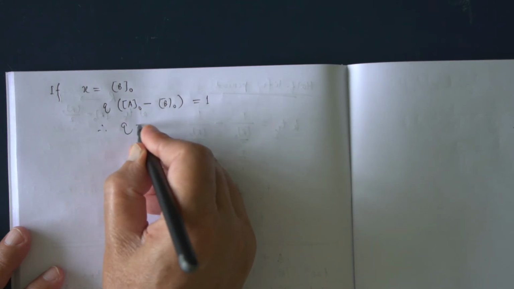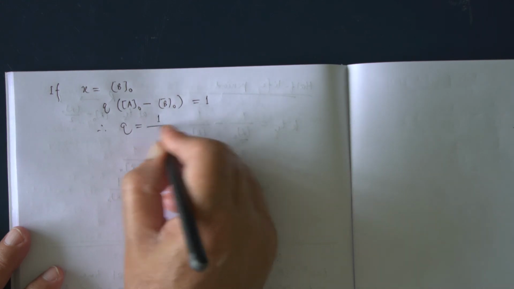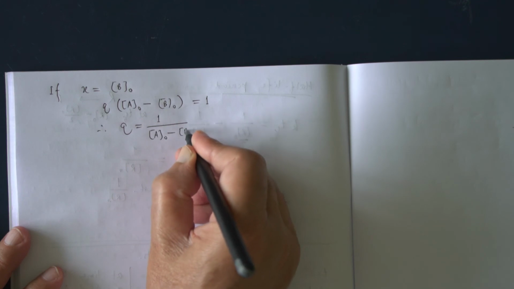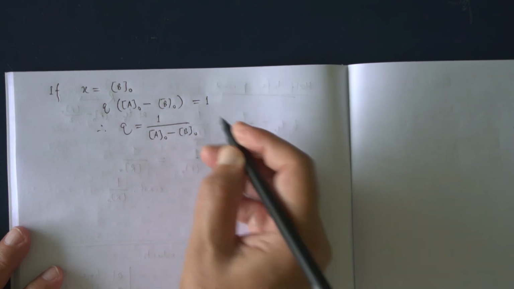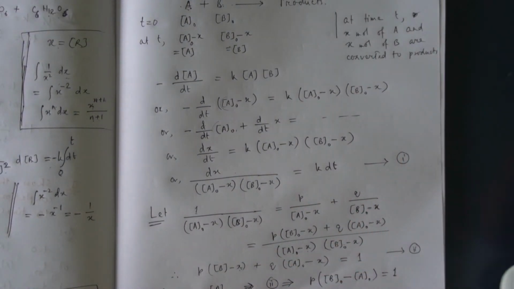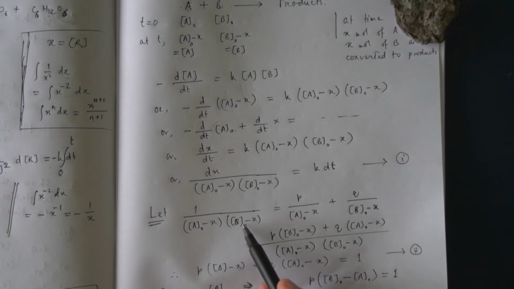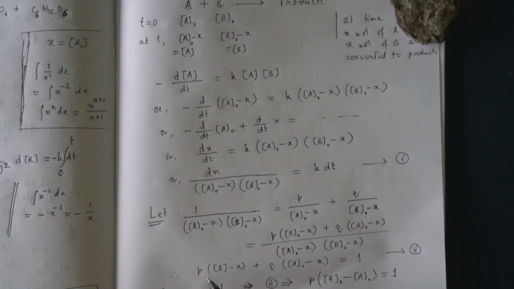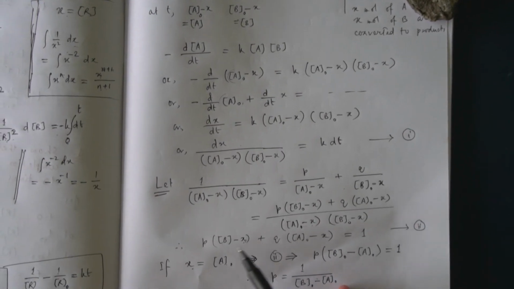So Q will be equal to 1 by (A naught minus B naught). So we have found the values of P and Q.